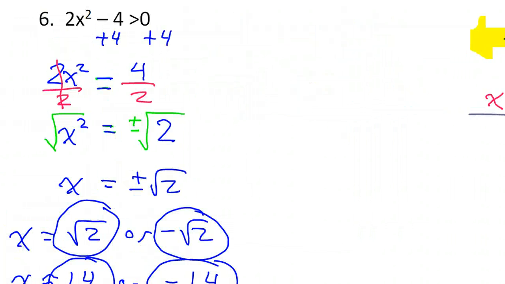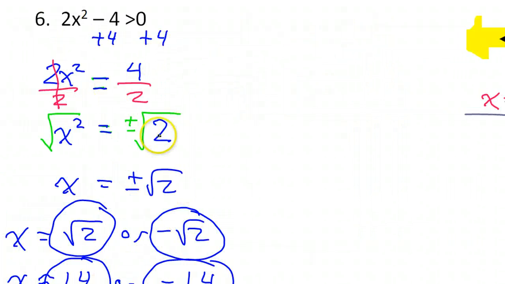Okay, now, we have no factored form. Usually I use the factored form when I do this. But this problem was unfactorable, so I am going to use the original inequality this time: 2x squared minus 4 is greater than 0. I'm just going to use that.